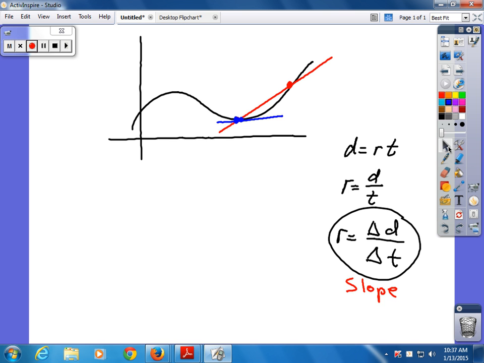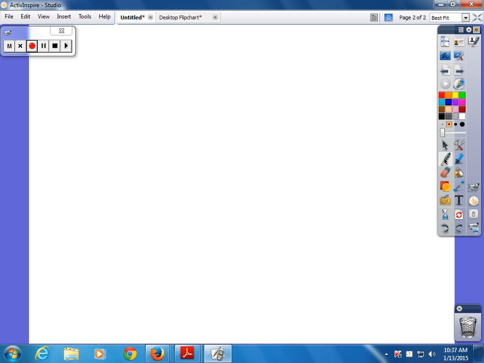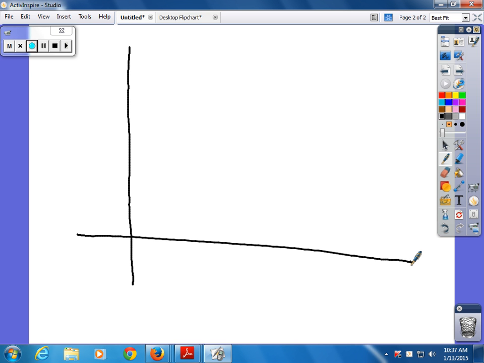Now, another way of showing this, if you remember your Calc I, is to blow it up a little bit more. Let's say we've got a line like that, and we take a point here and a point here.